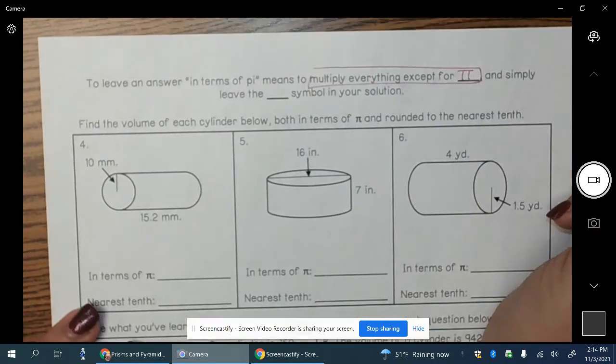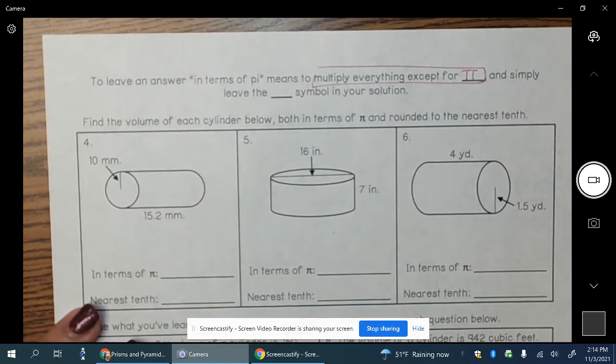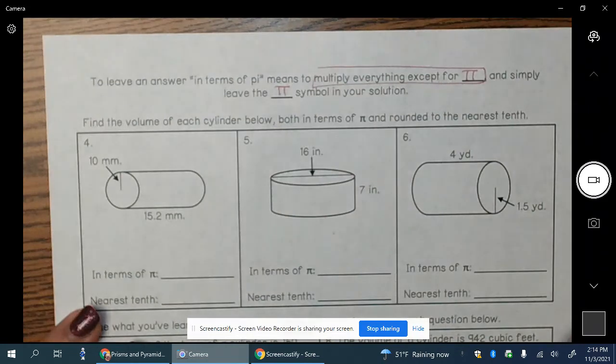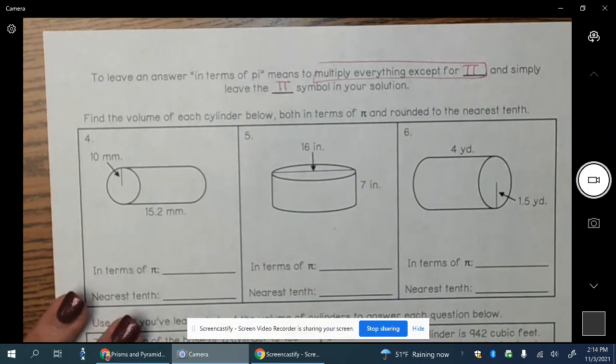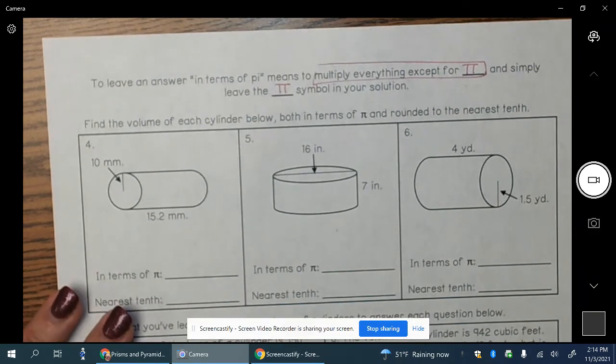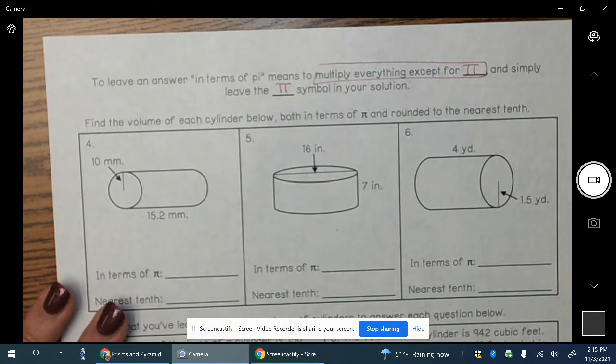Instead of plugging in 3.14, you just leave the pi symbol. You don't change it to 3.14.